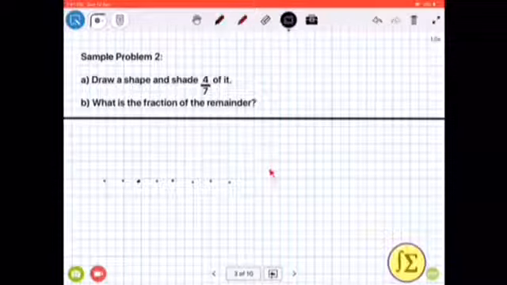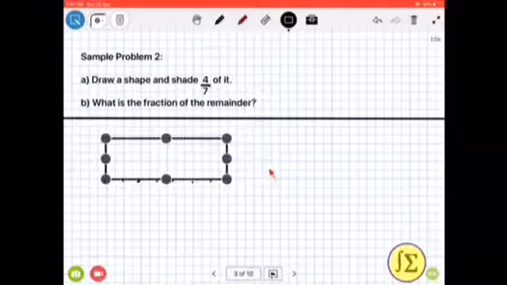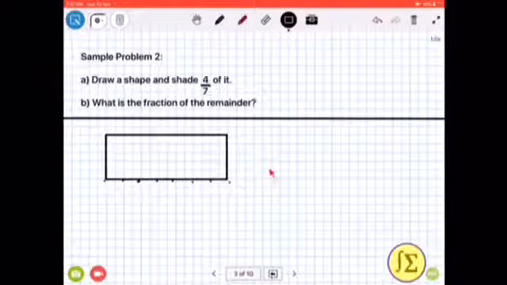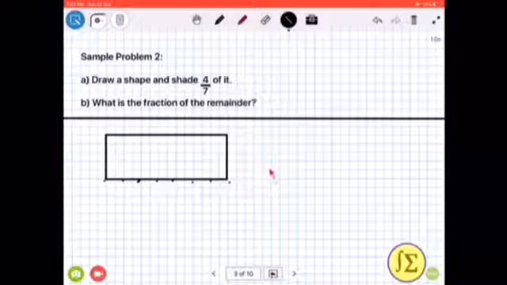Okay, now I draw my rectangle. So 14 is there. Okay, all right. Right, so now I can easily divide this to 7 equal pieces.